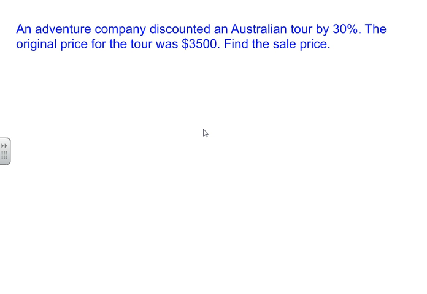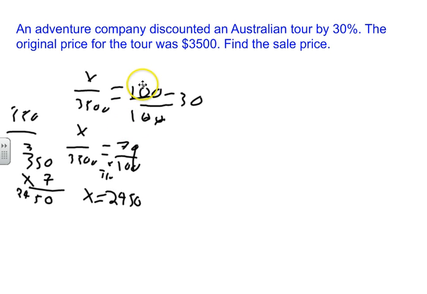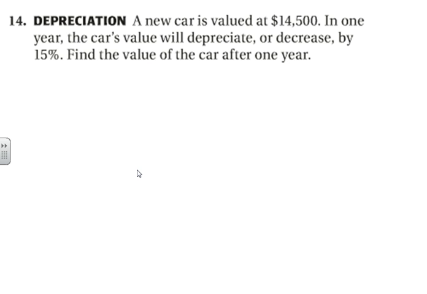So write this down for your notes. Find the sale price of this Australian tour that has been discounted by 30%. Okay, so the new percent is 70 after having subtracted 30 from 100, right? So the new vacation is 70% of the old vacation, which was 100%, okay?